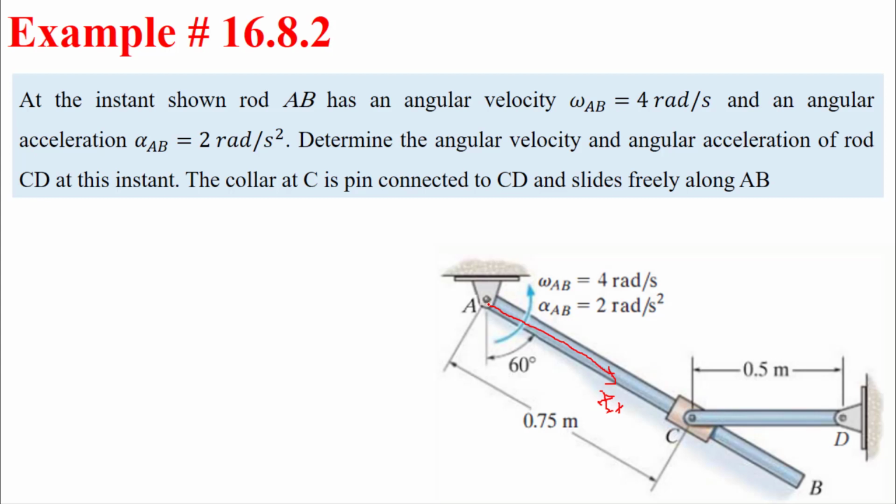Okay, and here is the y-axis. We'll do this because we'll minimize the number of substitutions of the cosine and sine of the angle given in the problem. If we keep it like this, for example, we'll face a lot of trouble.